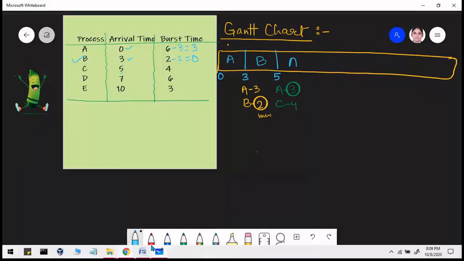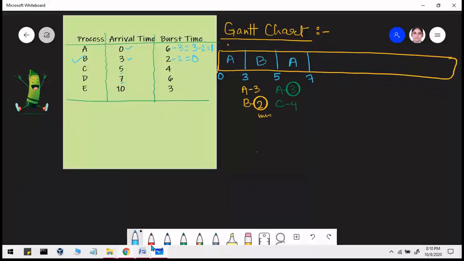The next process is going to join at the 7th millisecond, so A will be in the CPU for the next 2 milliseconds, and then we will decide whether it has to continue or not. 5 plus 2 is 7. So 3 minus 2, we are left with 1 millisecond.